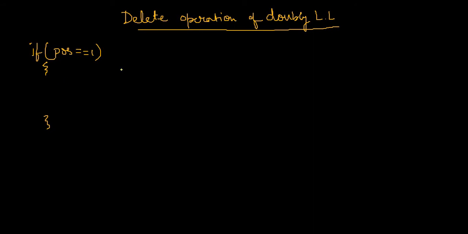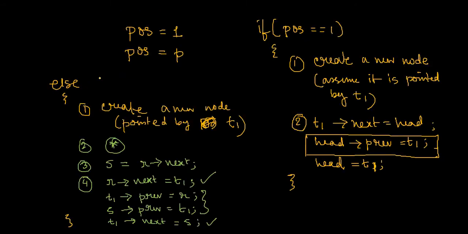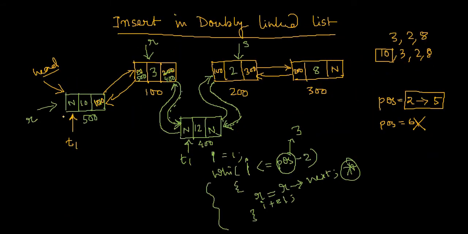By the way, before forwarding head, you must write p equal to head, or maybe say t1 equal to head. T1 is a pointer that is temporarily pointing to this node. Why? Because I want to free this location. If you want to free the location, you have to point to this particular location by some pointer.